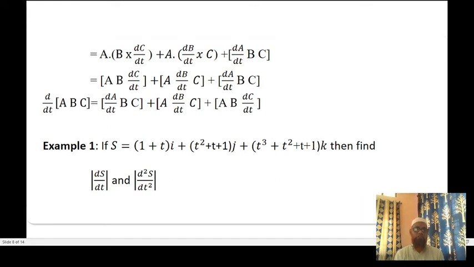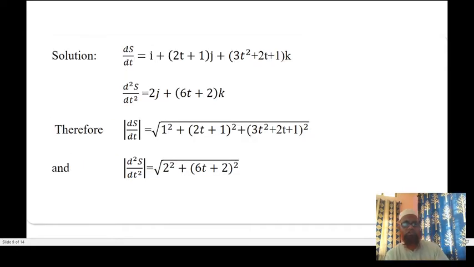Some examples. If s equals 1 plus t i plus (t square plus t plus 1) j plus (t cube plus t square plus t plus 1) k, then find modulus of ds by dt and mod of d square s by dt square, that is the second derivative. So solution: s is given, so ds by dt is i plus (2t plus 1) j plus (3t square plus 2t plus 1) k.